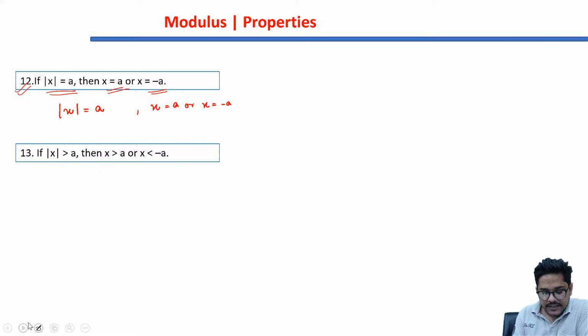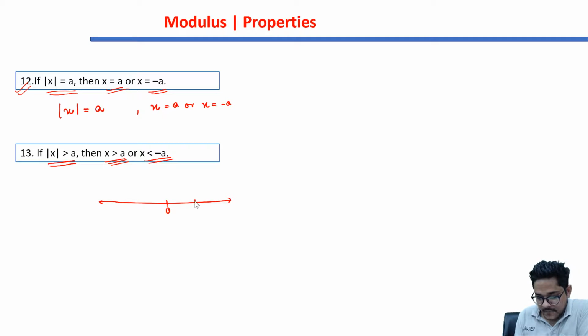Now let's look into another property: if modulus of x is greater than a, then x is greater than a, or x is less than minus of a. We can easily understand this concept by using a number line. Let's suppose 0 is over here and a is over here, and it says that modulus of x is greater than a.